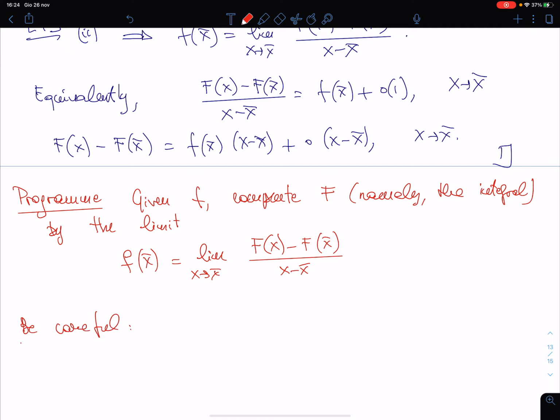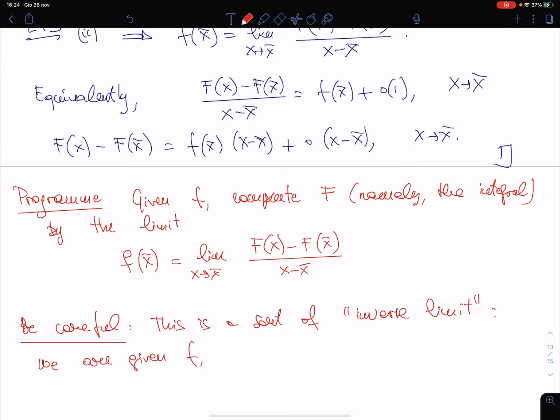This is a sort of inverse problem, of inverse limit. When we have to compute an integral, we are given the result of the limit. We are given small f, and we aim at finding capital F. Of course, this is a difficult problem.